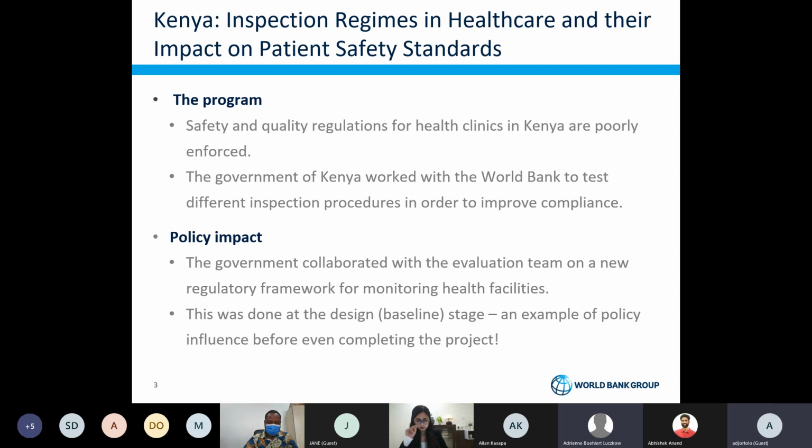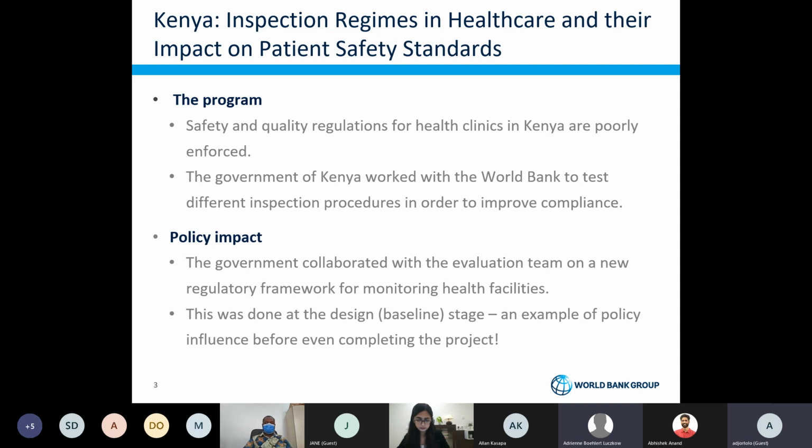The intervention was to increase the frequency of those inspections, so the clinics would be visited with 100% probability more than once within a year. In some cases, they also had the results of their inspections posted at the clinic.